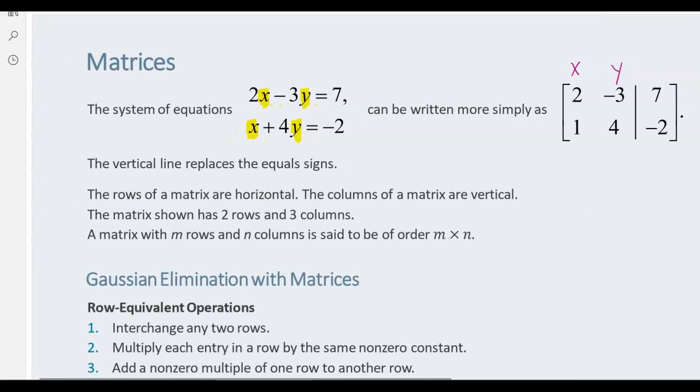We have, in this case, 2 rows and 3 columns. And we use the variable m to denote the number of rows, n to denote the number of columns. So this particular matrix is a 2 by 3 matrix, rows by columns.